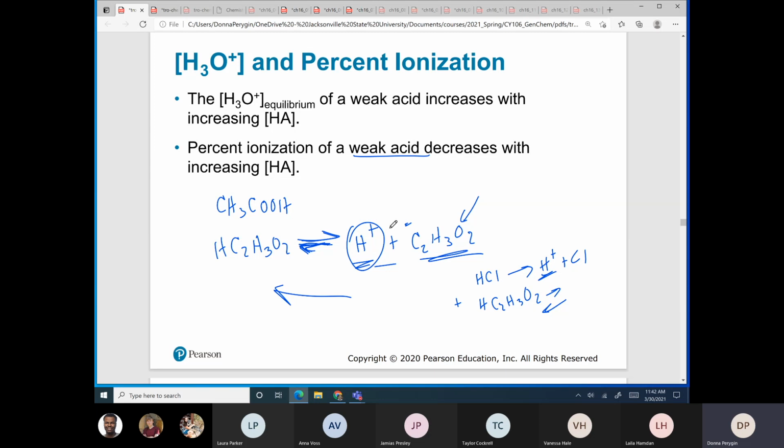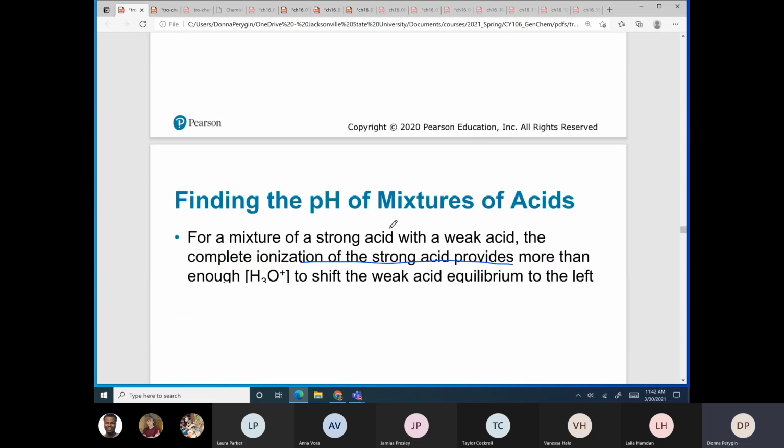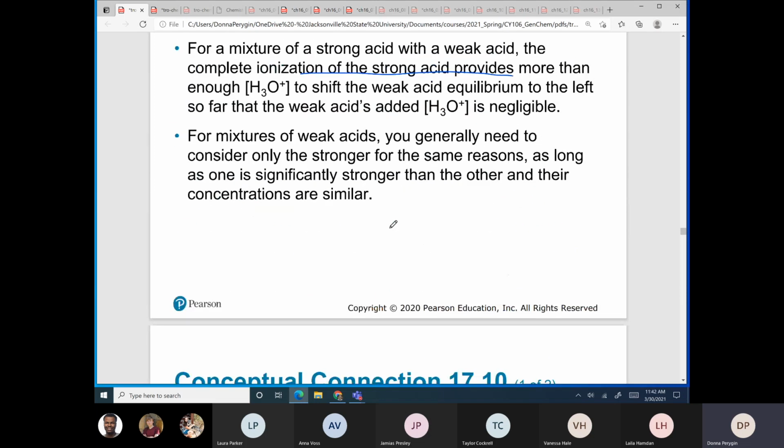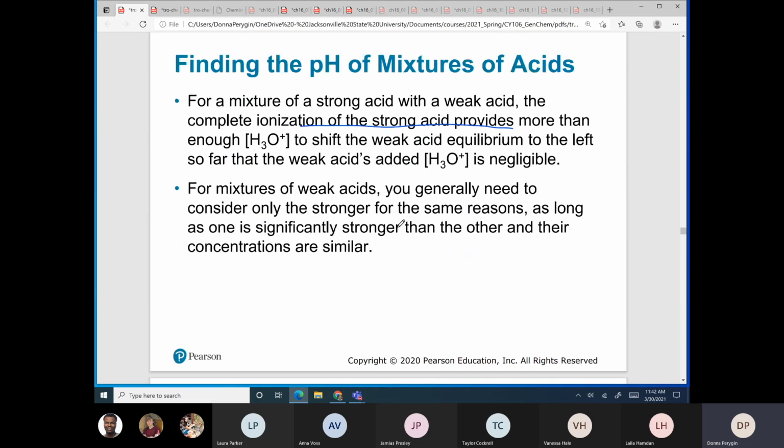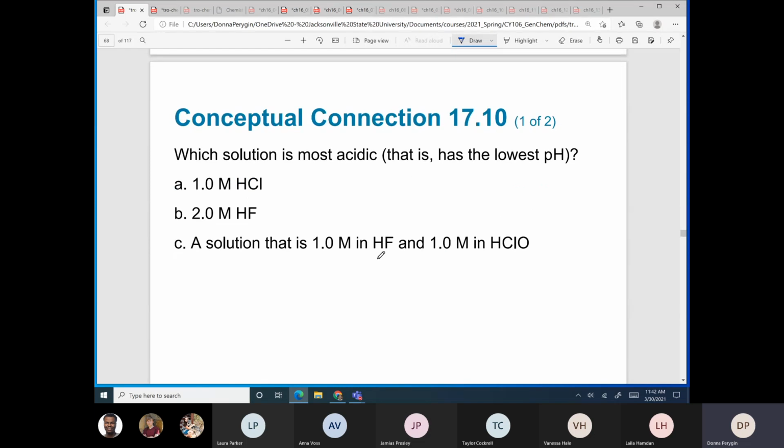So you don't even need to consider the weak acid at all if you have a weak acid and a strong acid in solution, in general, unless your strong acid concentration is very, very low. You generally only need to consider the strong acid, okay? So then you just consider the pH from the strong acid.